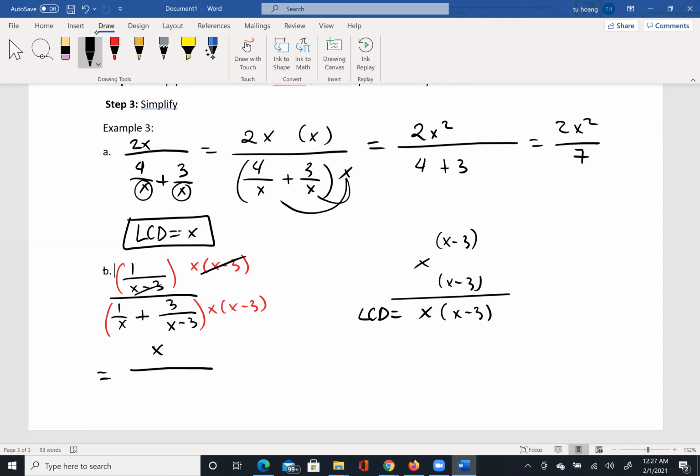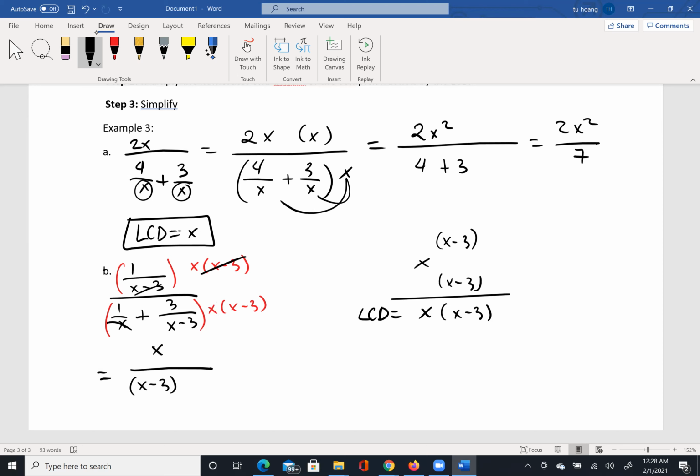What is that going to be for the bottom? This x is gone for the first term, so when you do the division, you have x minus 3, right? And for the next term you can just cancel the x minus 3.